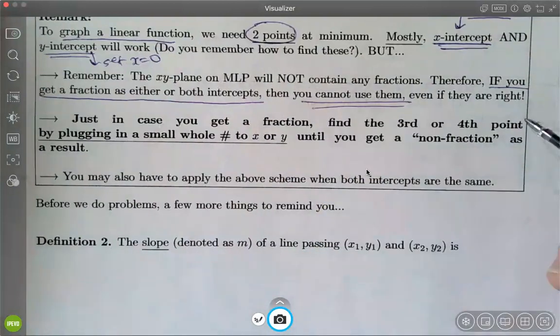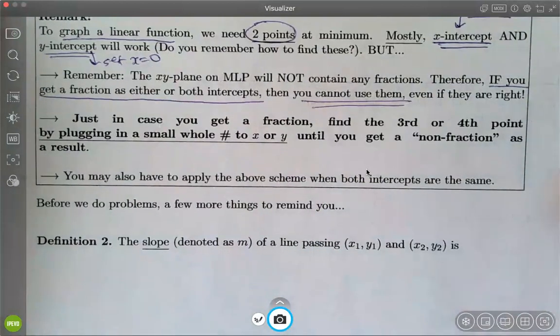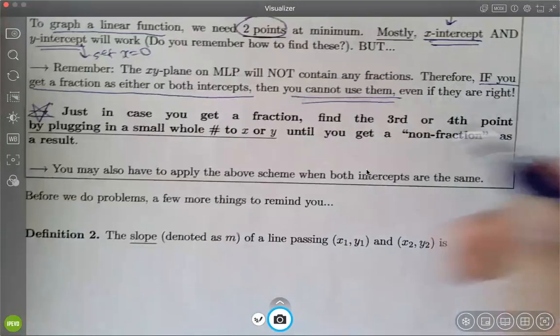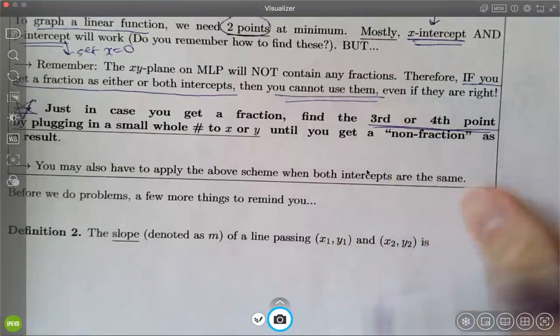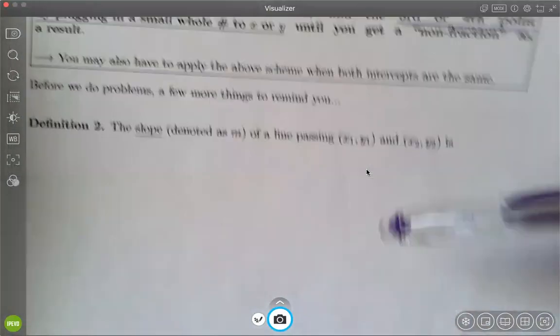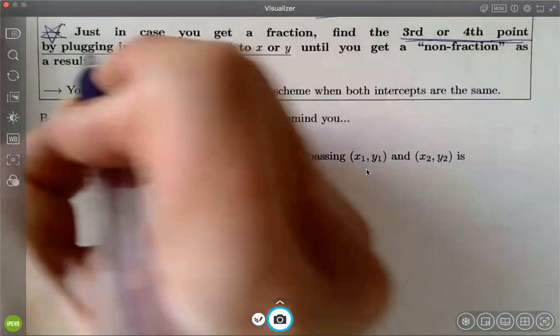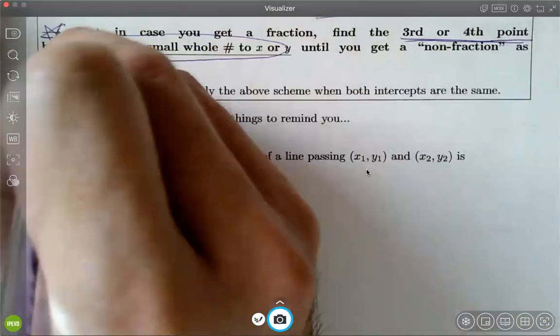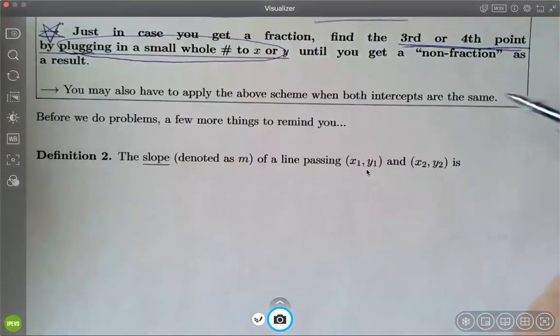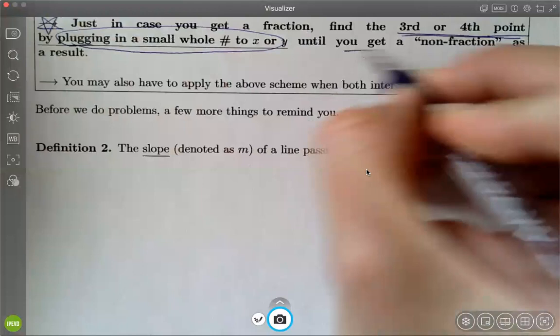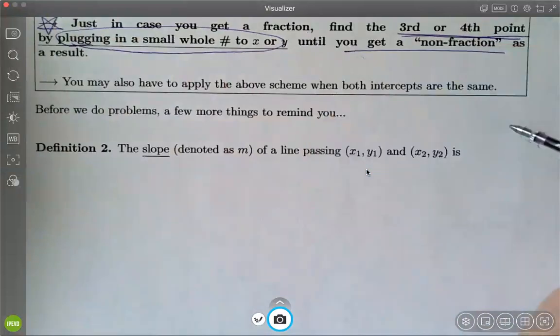So what do you do when you get a fraction? Find another point by plugging in some small number for x or y, until you don't get a fraction for the other intercept.